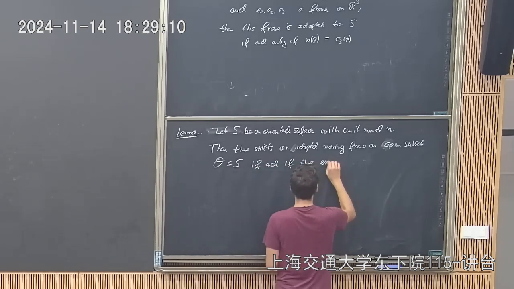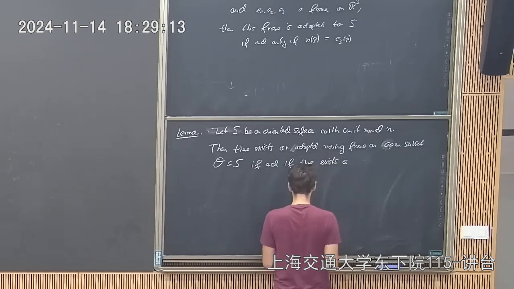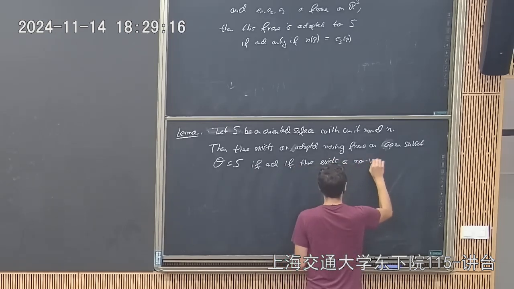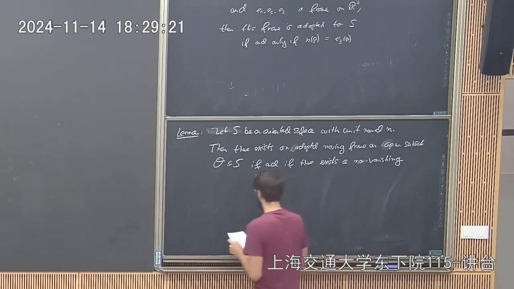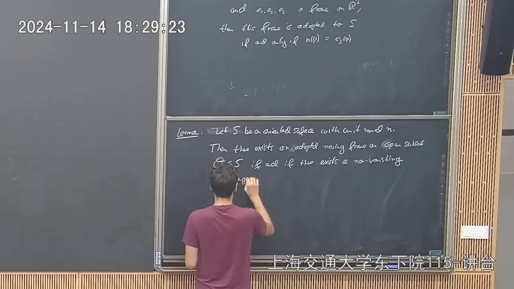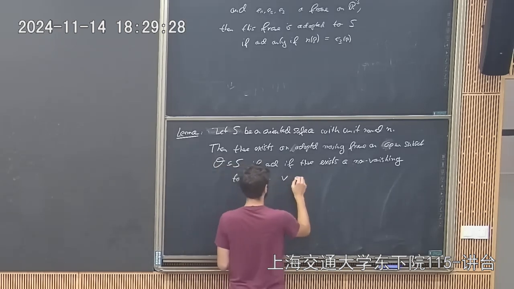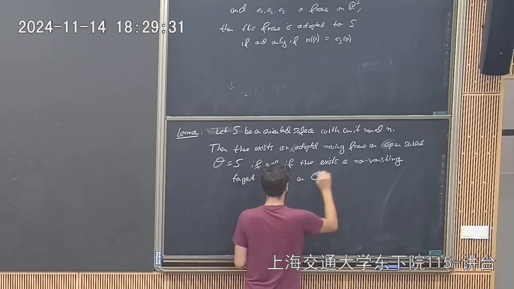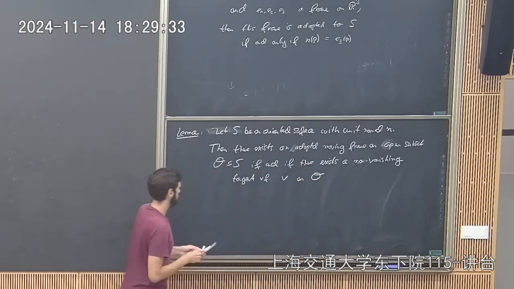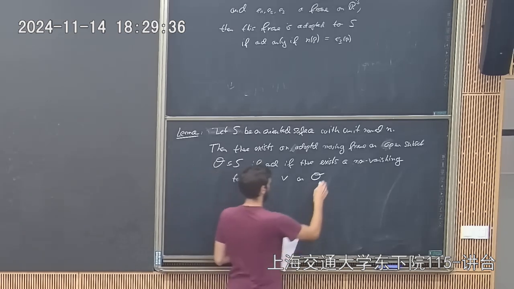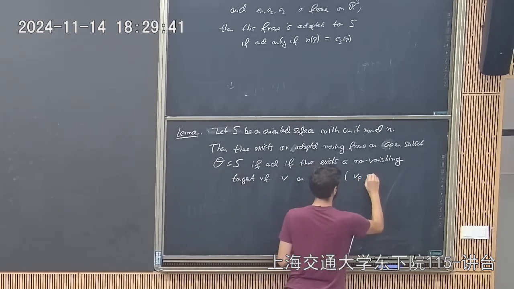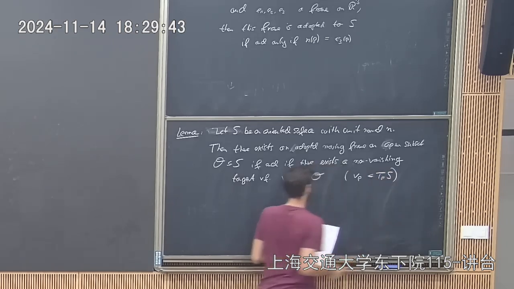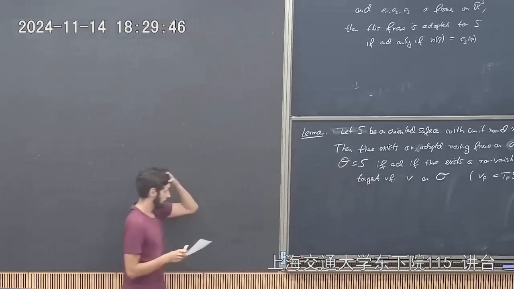there exists a non-vanishing tangent vector field, say here on U. So it's really tangent to S, so V(P) is an element of the tangent space.